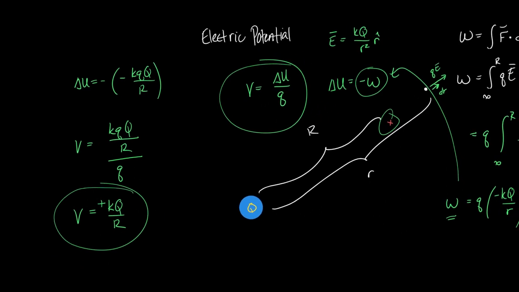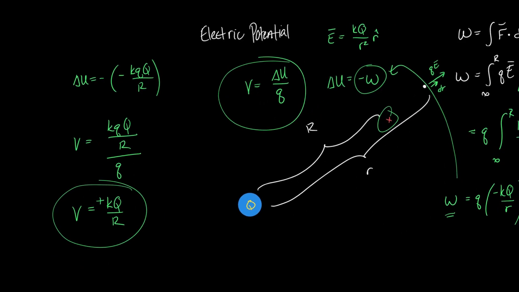Now, I'm not just trying to arm wave. What I'm trying to do is say we're going to make some distinctions, and I'm going to put all of it together. Work is equal to the integral of F dot dx. Change in potential energy is equal to minus the work done.